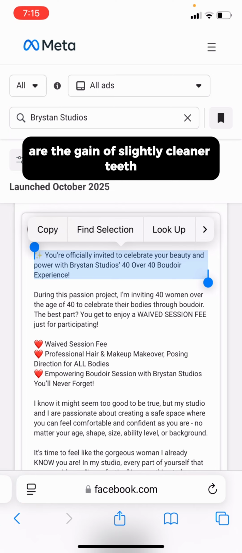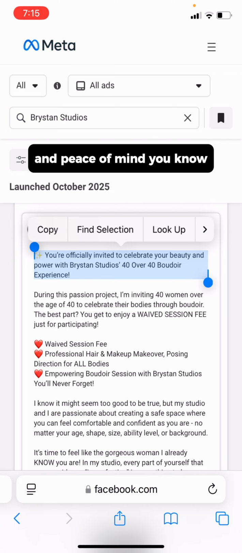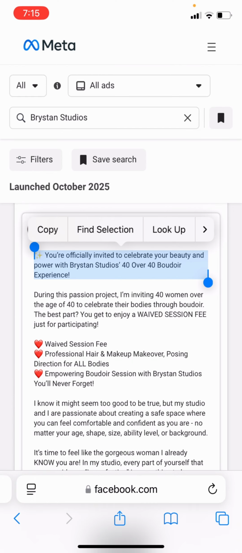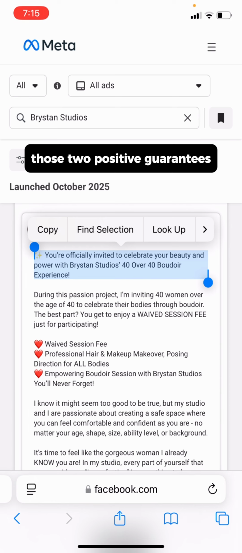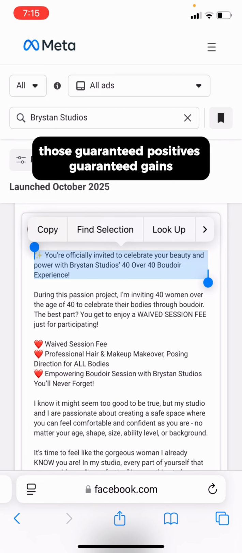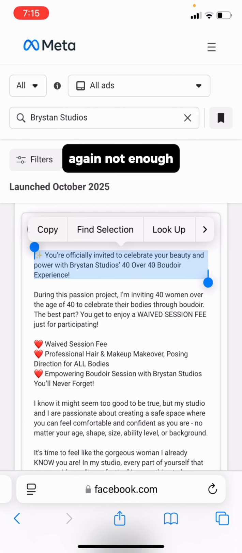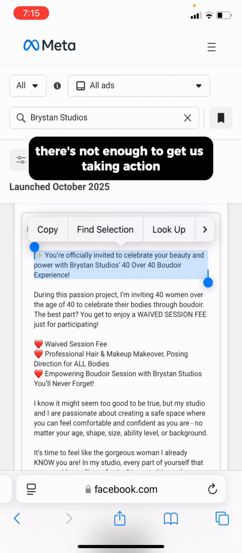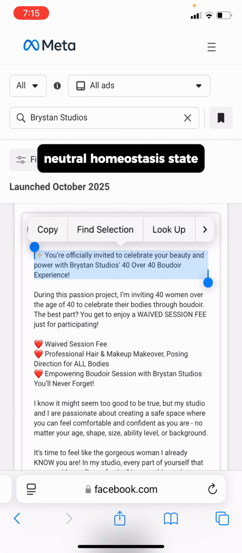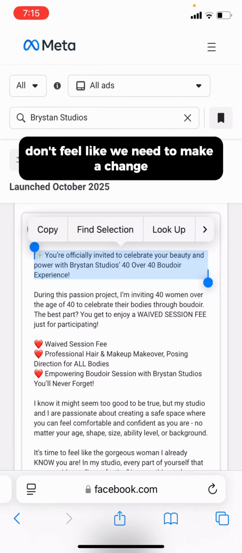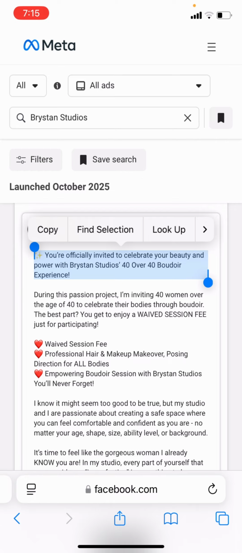The gain of slightly cleaner teeth and peace of mind, knowing we got no cavities or we got them taken care of. Those 2 guaranteed positives, guaranteed gains, again, not enough to get us to take an action. We're in the no pain state, neutral homeostasis state. Life's going great. Don't feel like we need to make a change.